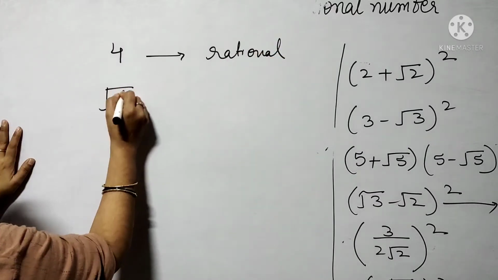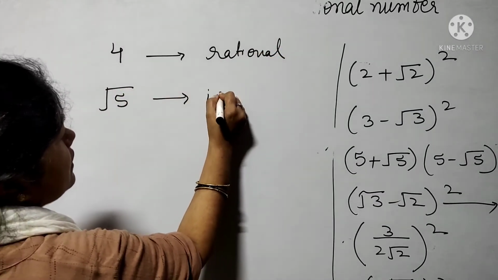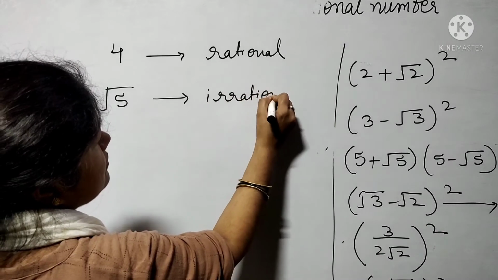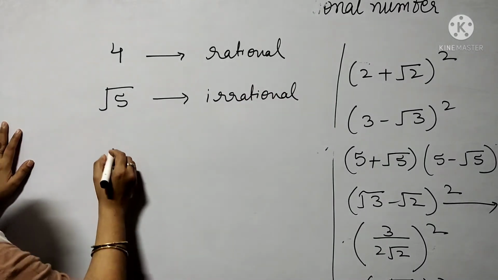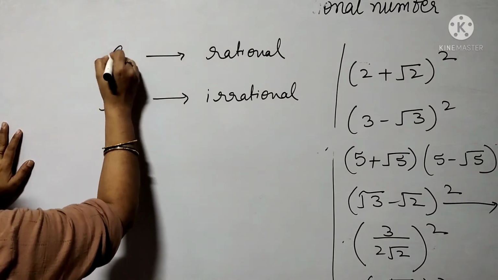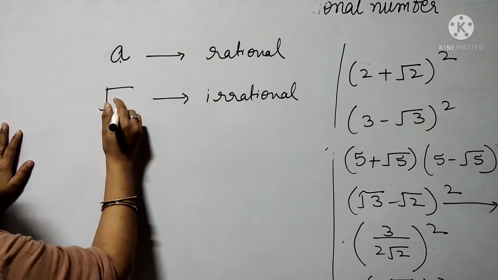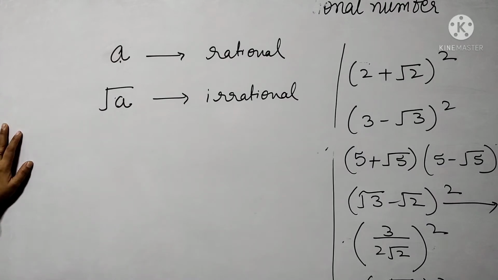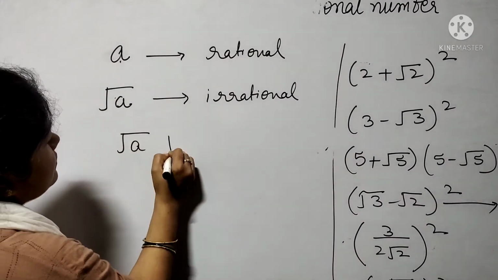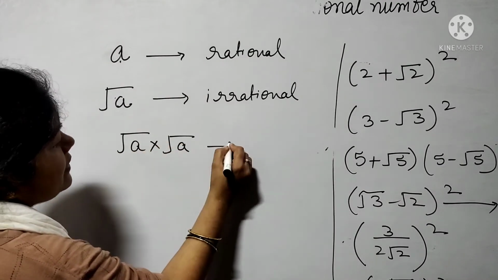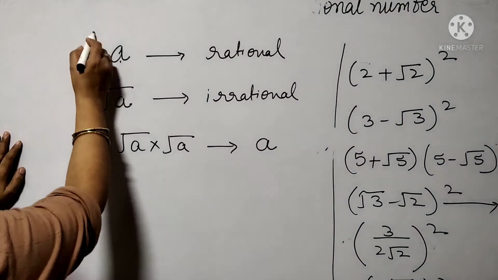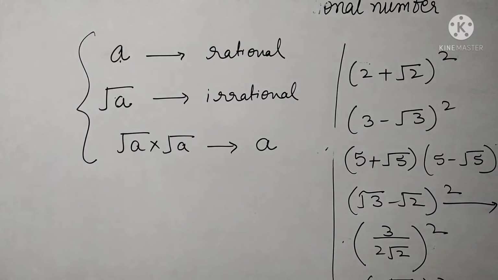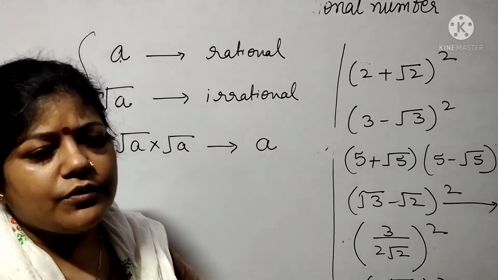But if we have under root 5, this is an irrational number. And one thing more, you can write it in this way, a, it is under root a. If we have 2 times under root a, it becomes a. Clear? So this is the main basic concept you have to learn. This question you can do on your own.